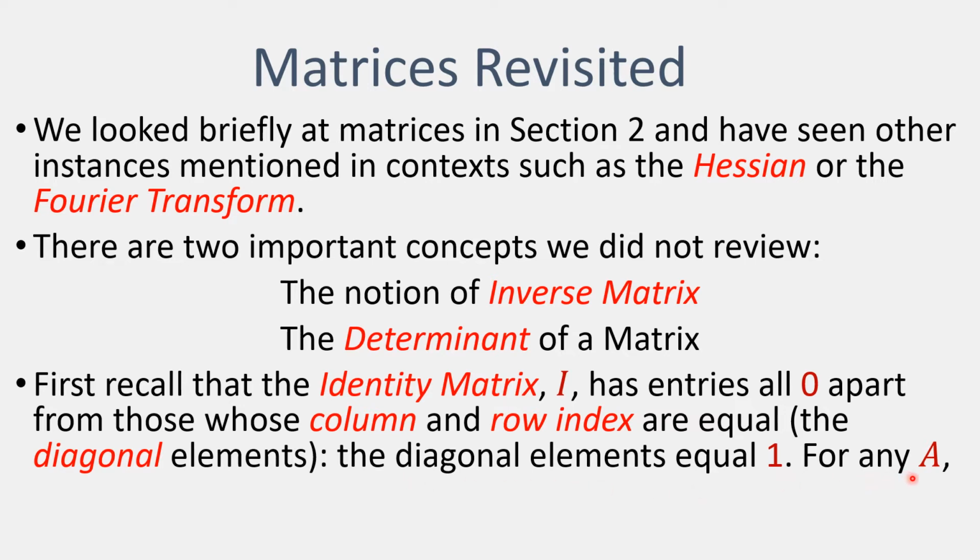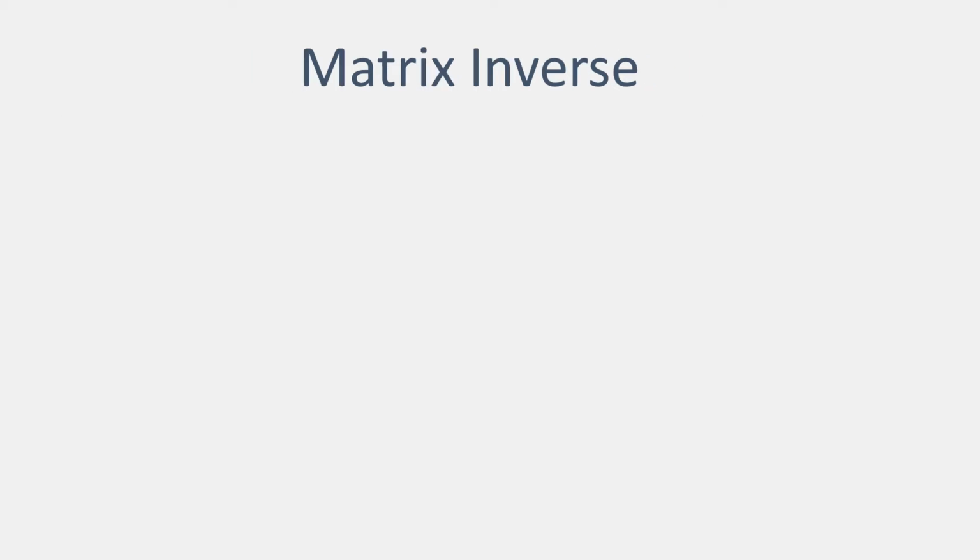And if we take any square matrix, this has the property that when we multiply that matrix by the identity matrix, the result is exactly the same as if we multiplied the identity matrix by the matrix, and that outcome is just the matrix itself. So the identity matrix doesn't affect a square matrix when we multiply that square matrix by it.